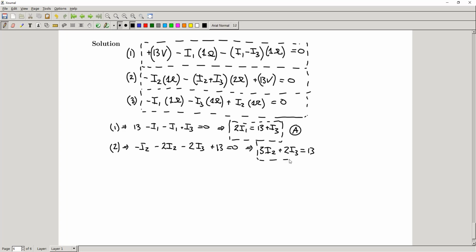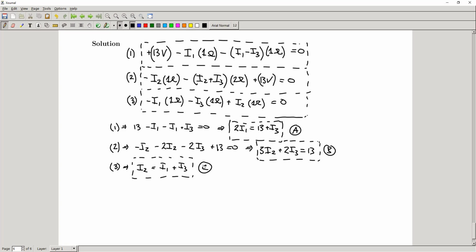Call that B. Now equation 3 can be cleaned up to give us, when I2 and the minus signs will go away, we're going to end up with I2 equals I1 plus I3. That will be equation C.